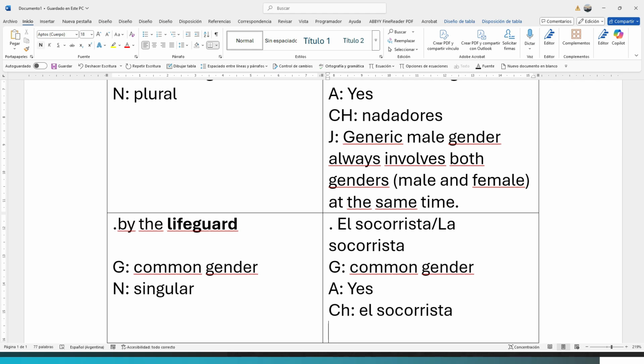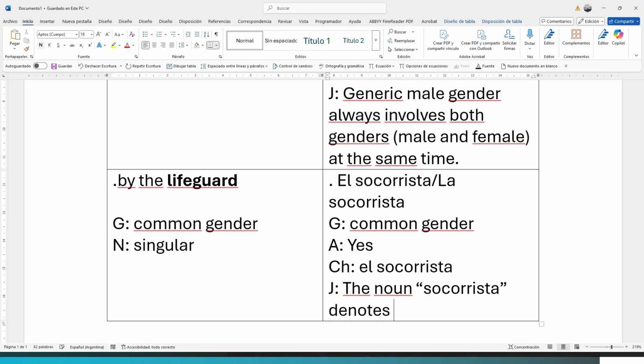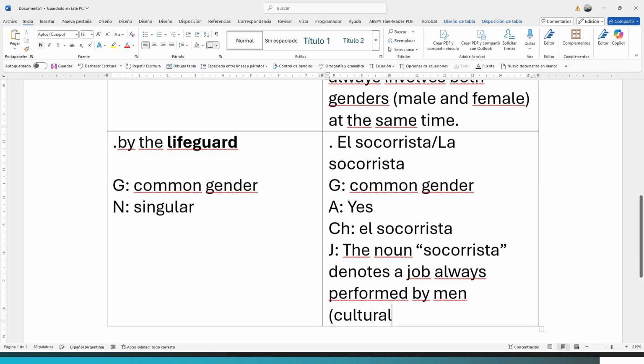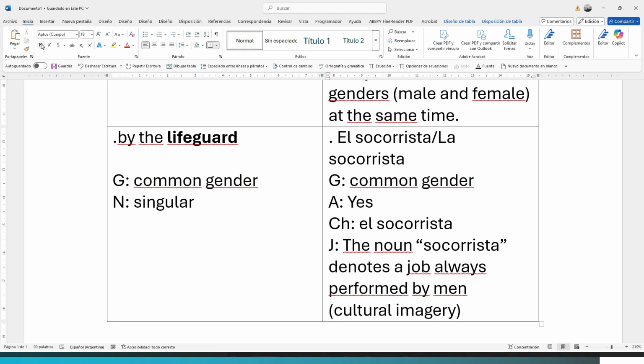Why? Because the noun socorrista denotes or refers to a job always performed by men. That is, we decide the gender here through cultural imagery as well.